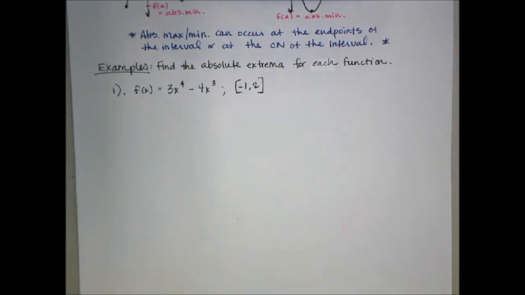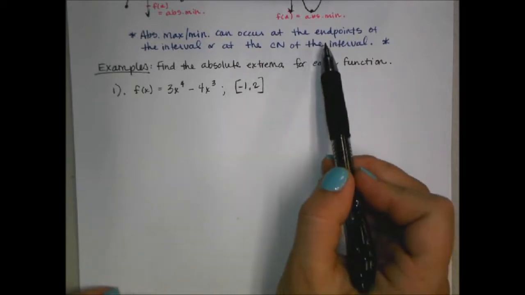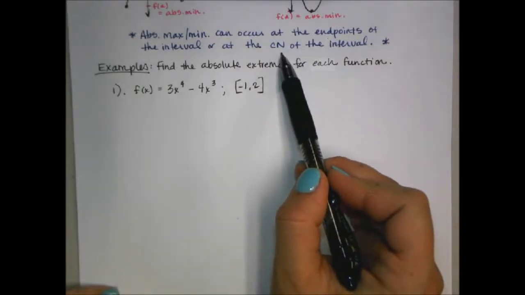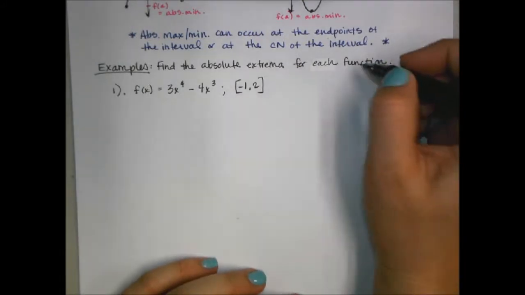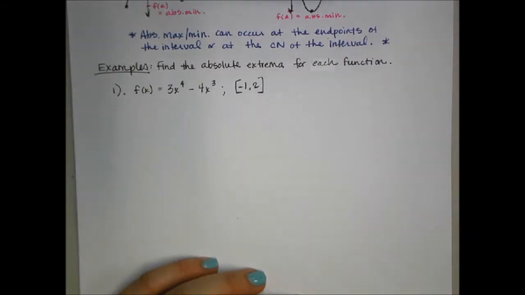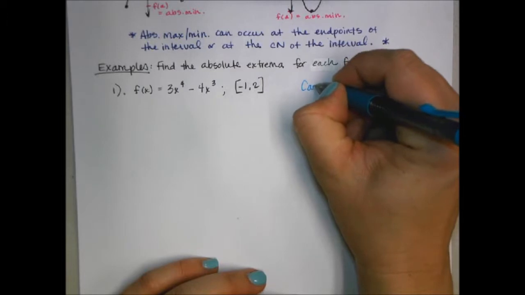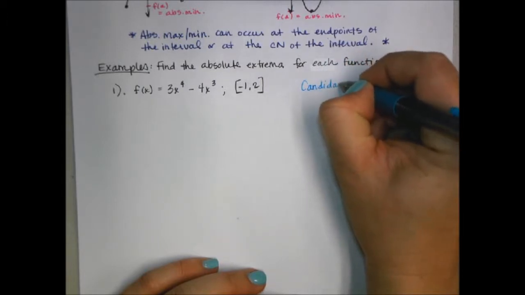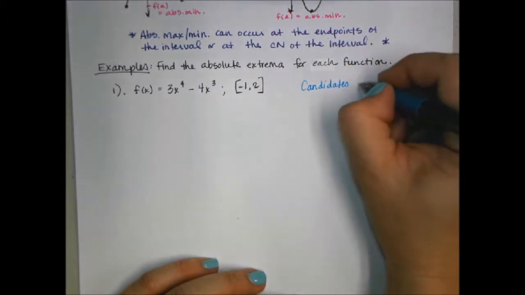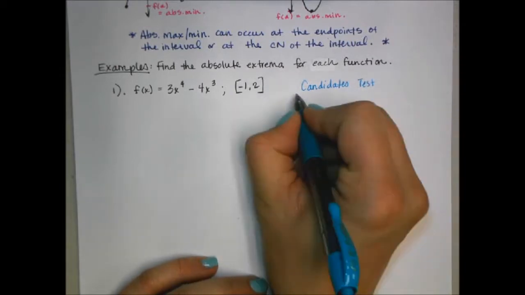All right, so 2 things we have to do. We need to test our endpoints versus our critical numbers. So on the side here, we're going to set up our candidates test, so see who's in the running for absolute max and min. This is our candidates test.